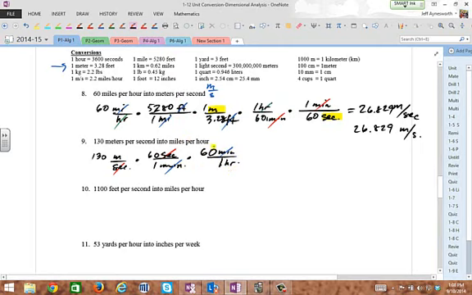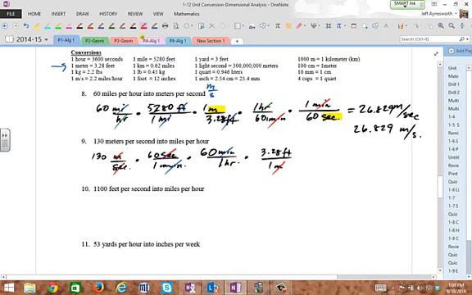I want miles per hour, with hours in the denominator. But I have to go from meters to miles. Okay, so let's handle that. We did that just in number 8, right? To go from meters to miles, I'm going to go meters to feet first. So there's 3.28 feet per 1 meter. And right now, look at that. I'm going to cancel out the meters, and I end up with feet now. I have feet per hour.